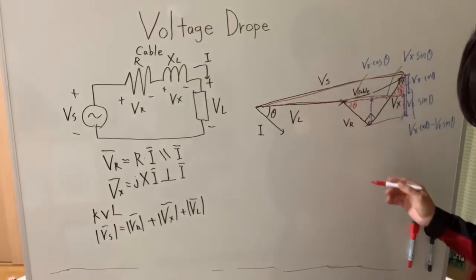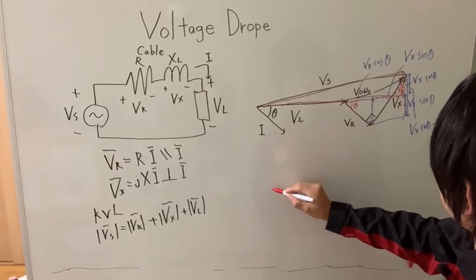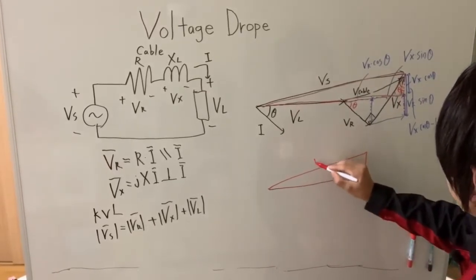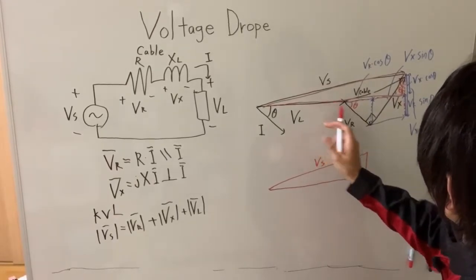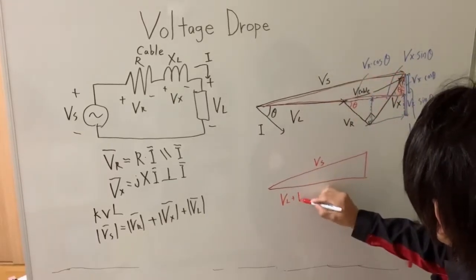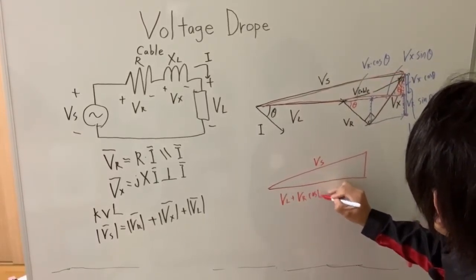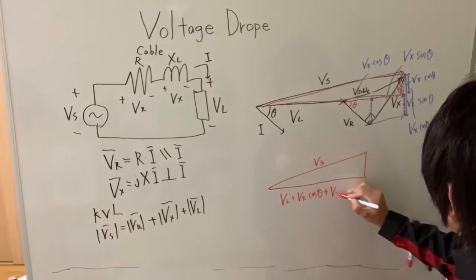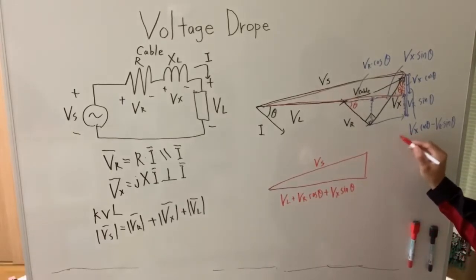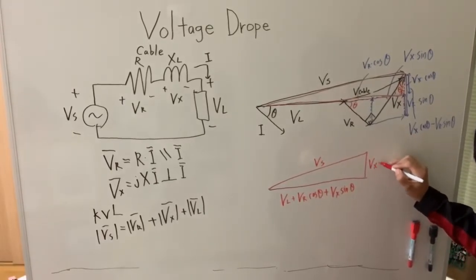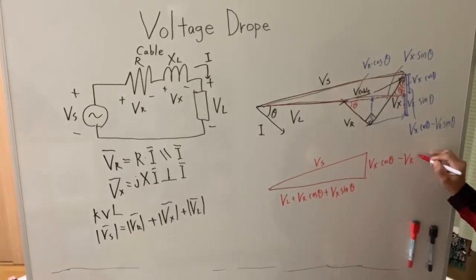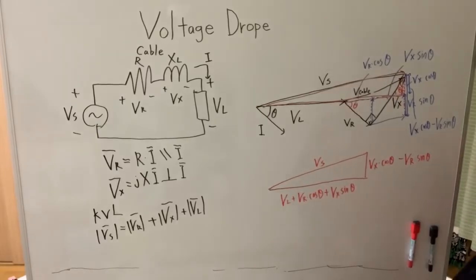Let me pick up this triangle, and how about this? This is VL plus VR times cosine theta plus VX times sine theta. How about here? It's the same as this value, VX times cosine theta minus VR times sine theta. Right, so okay.